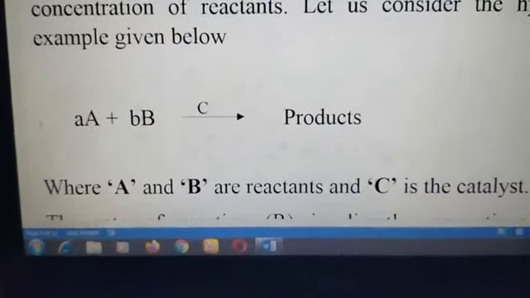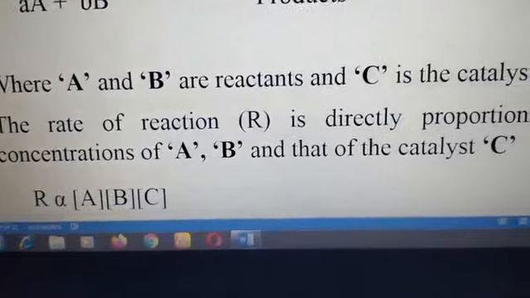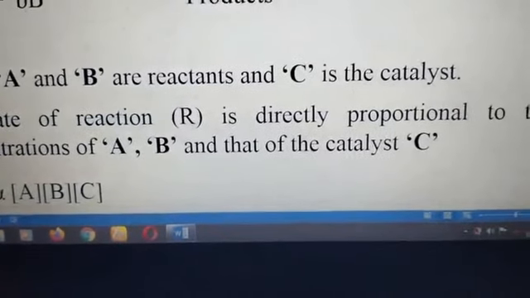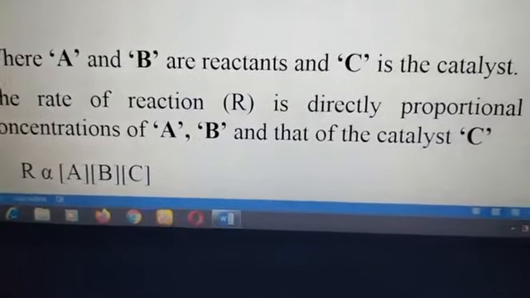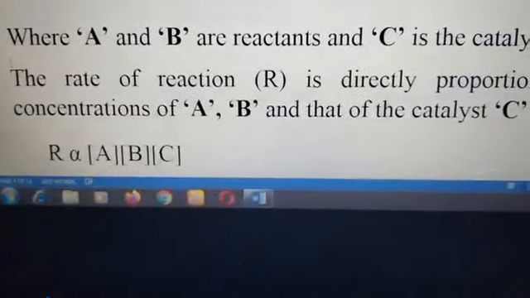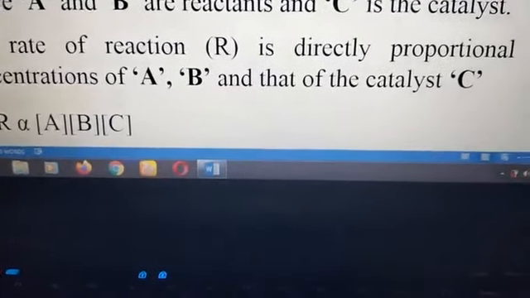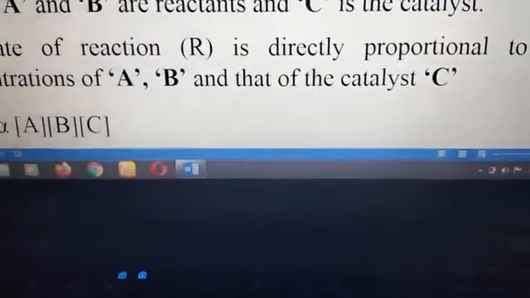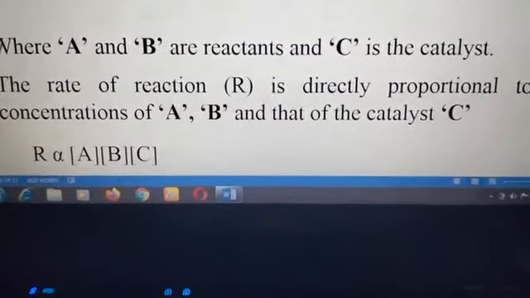So it reads: where capital A and B are reactants and C is the catalyst. The rate of reaction R is directly proportional to the concentrations of A and B, that is the reactants, and that of the catalyst C. So the rate of reaction is proportional to the concentration of A, B, and C.